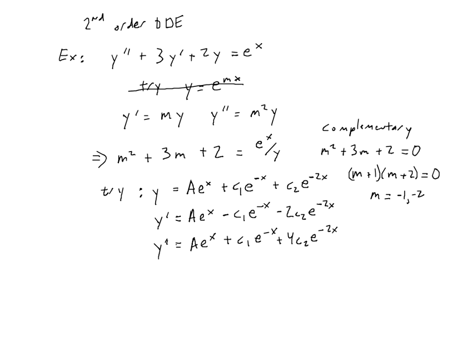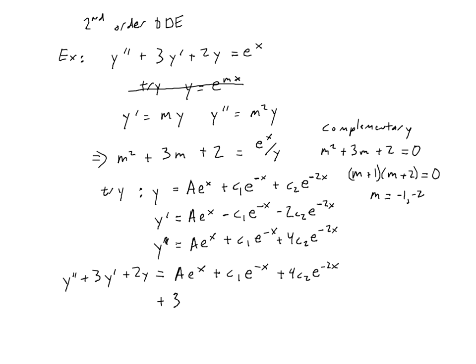So now if we take this and plug it back into the original equation, what we get is y double prime plus 3y prime plus 2y should be equal to taking the first terms, a e to the x plus c1 e to the minus x plus 4 c2 e to the minus 2x.